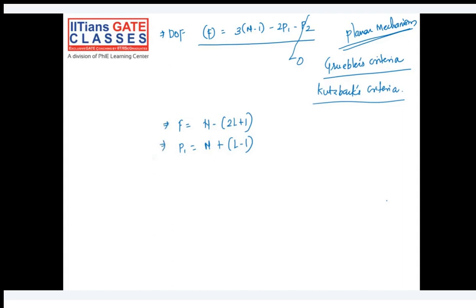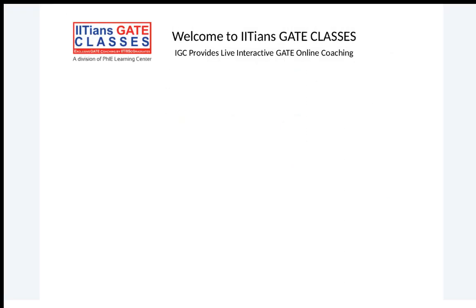Okay. If L plus S is less than P plus Q, then it can be a crank, or double crank, basically, or it can be crank rocker, or it can be rocker also.